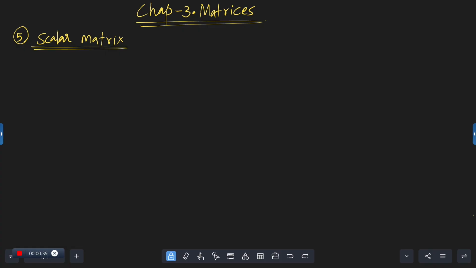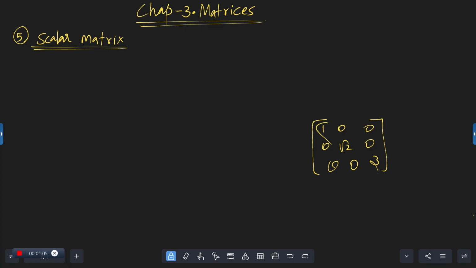Before that, what is a diagonal matrix? Apart from the diagonal elements, the other elements are 0. Suppose the diagonal elements are 1, root 2, 3, with 0 elsewhere. This is called a diagonal matrix.